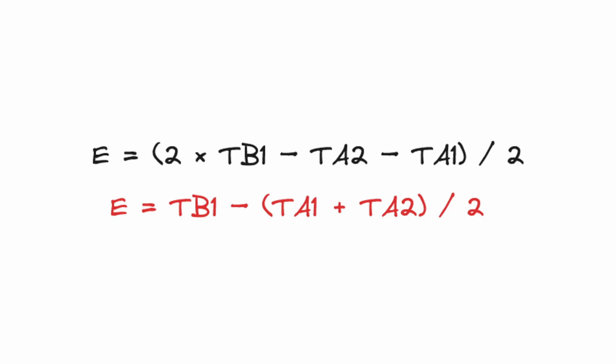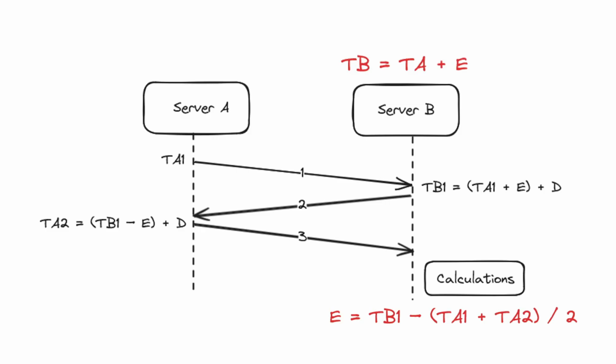After simplification, we get E equals TB1 minus, in brackets, TA1 plus TA2 divided by 2. So as a result, server B now has an estimate of E, so it can adjust its clock accordingly.